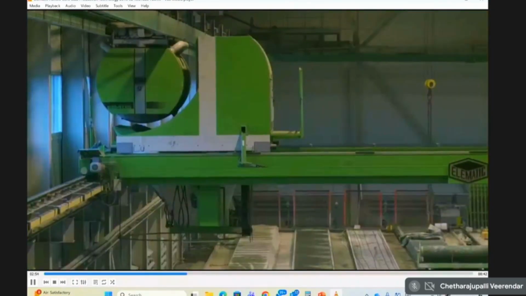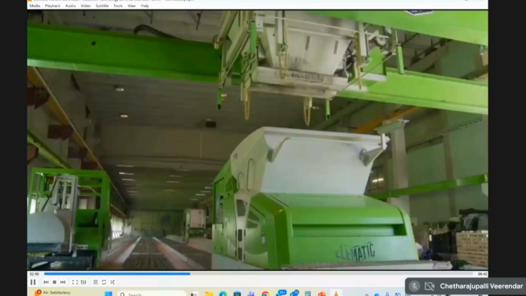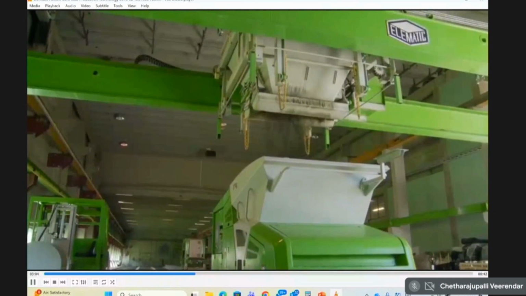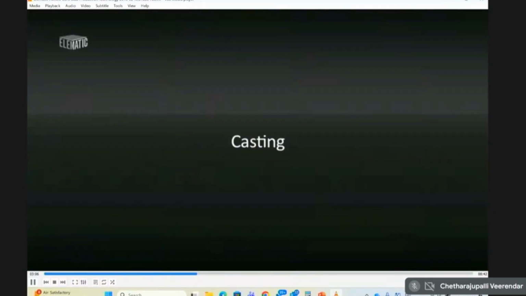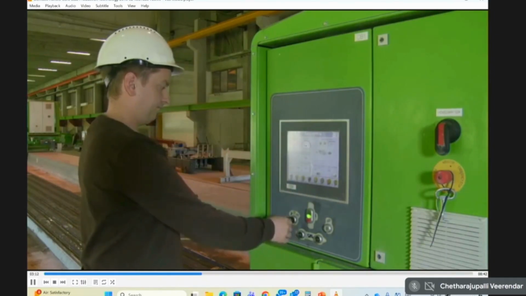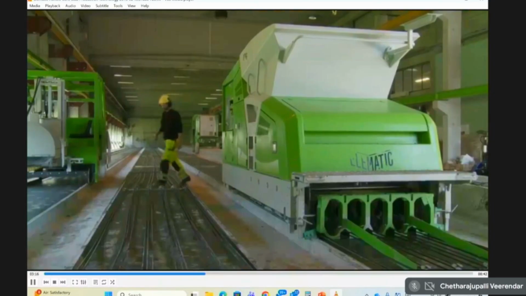The shuttle is very fast. It moves at around 2 meters per second. So now you can see the distributor following the extruder and pouring that into the hopper of the extruder. So this is entirely automatic production.